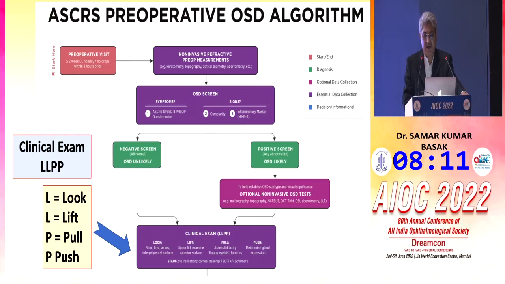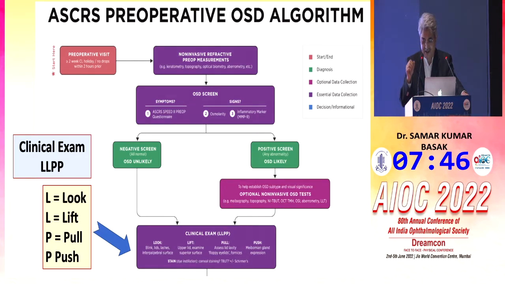So the ASCRS preoperative OSD algorithm is there for clinical examination: LLPP, look, lift, pull and push. These 4 are important clinical examinations. We have actually forgotten to check the lids because we are more cataract focused.